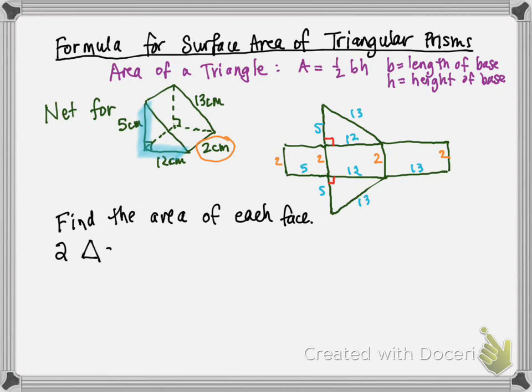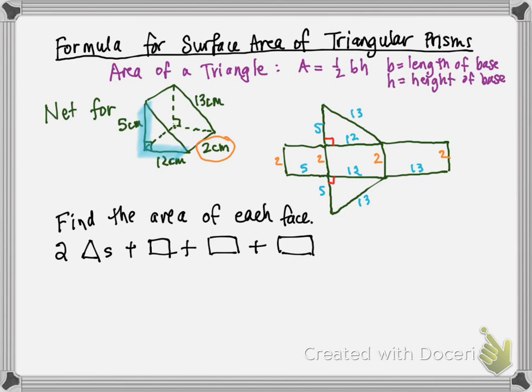So if I figure out the area of one triangle and double it, I'm good. And then I have 3 rectangles. So this is my train of triangular prisms. These are the sides. I've got a double engine up in front, and I've got 3 cars behind it.